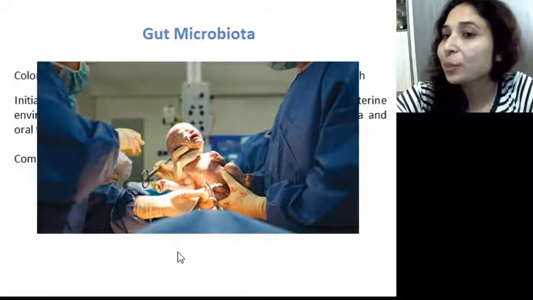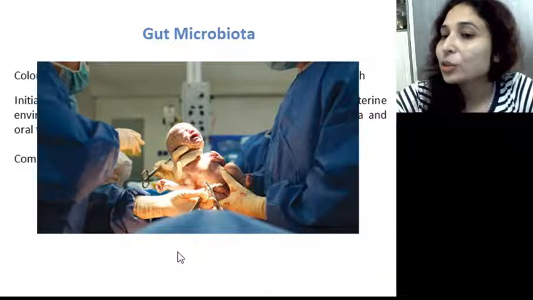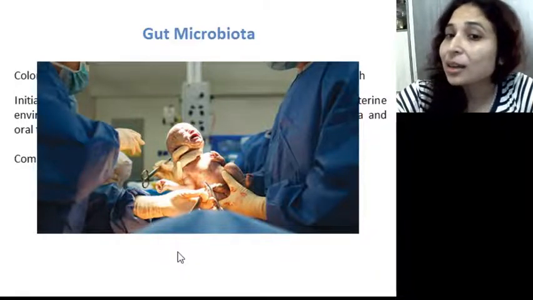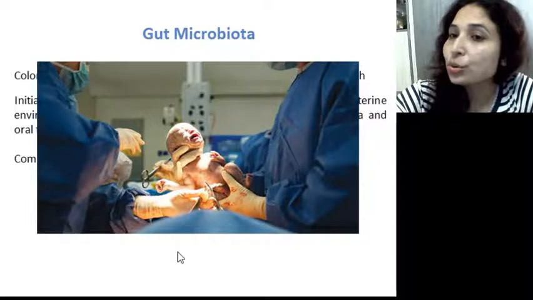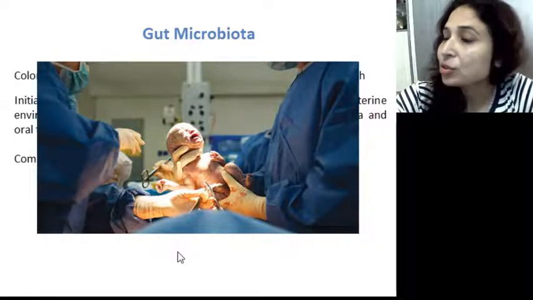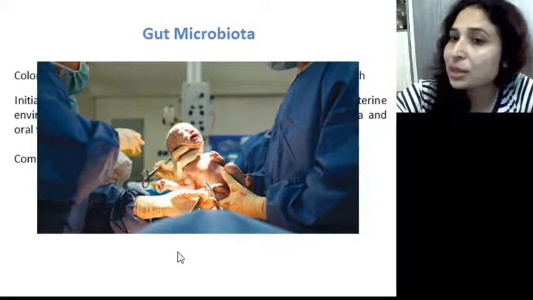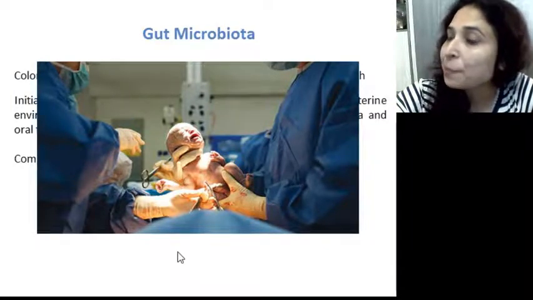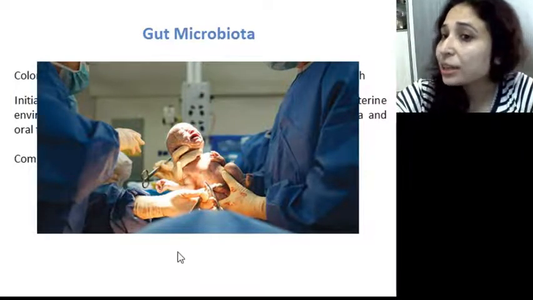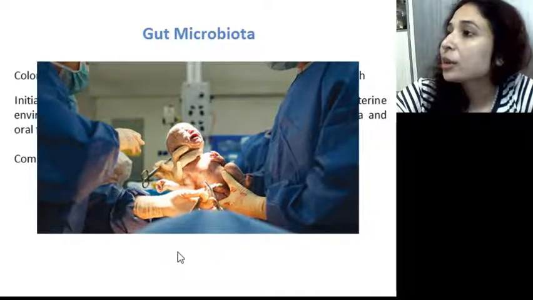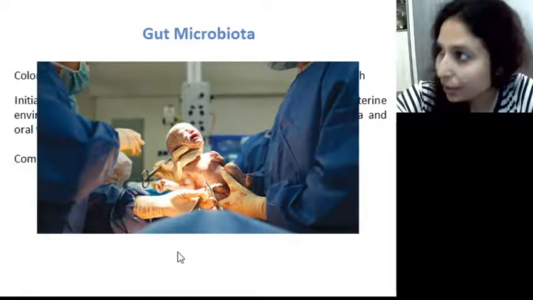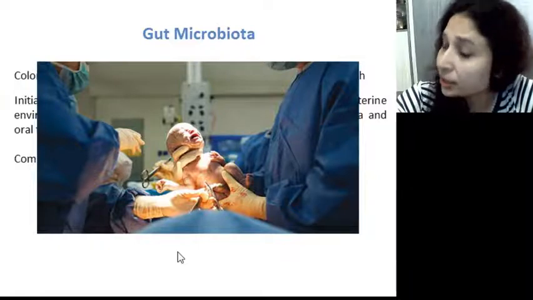This is a very important finding, which also suggests that the conventional route of delivery is the best route, because it takes into account the microbes that are present in the female genital tract and is very good for the colonization of the gut microbiota in the child.